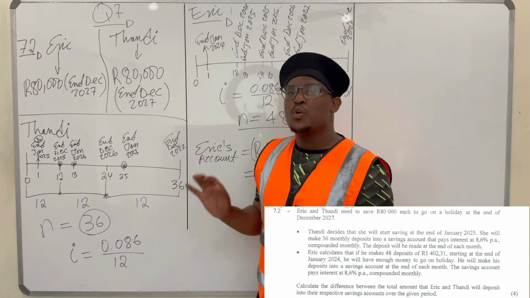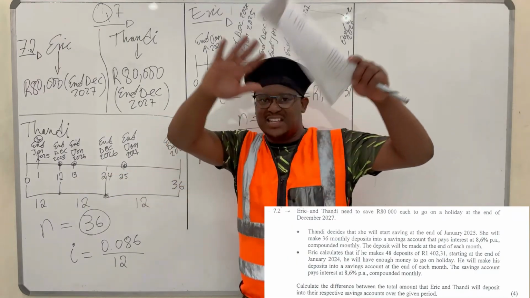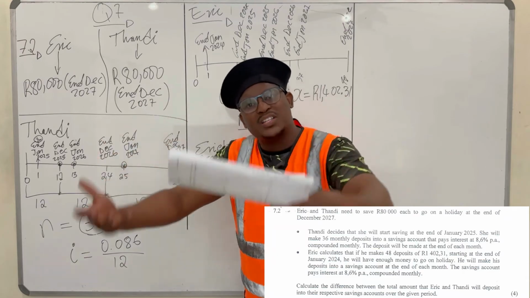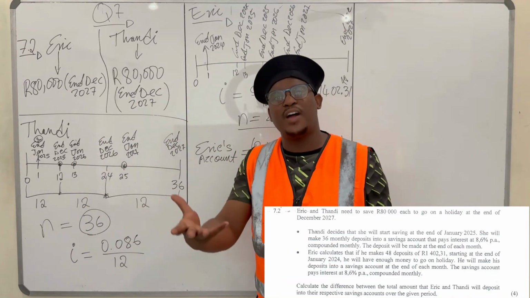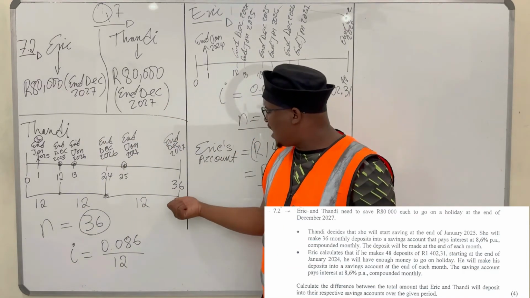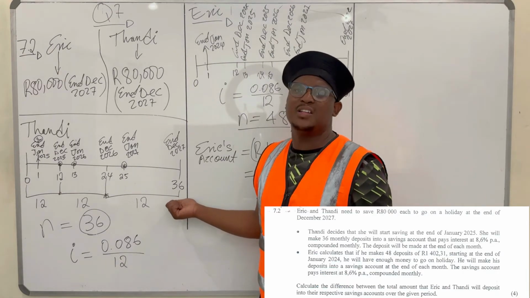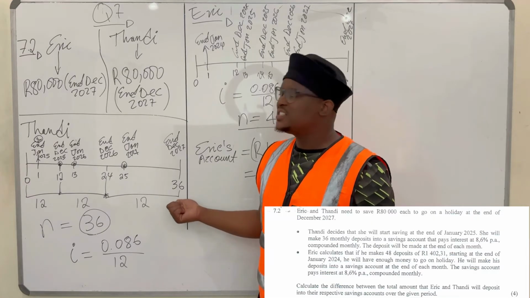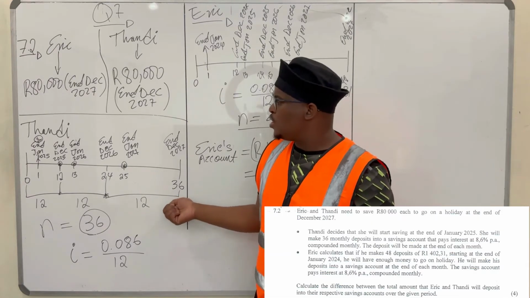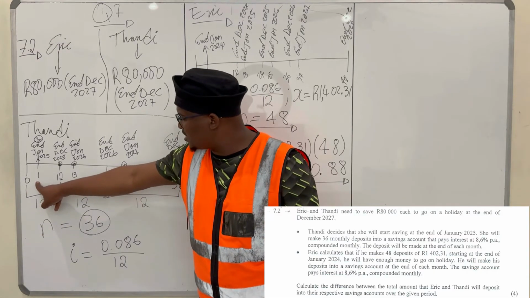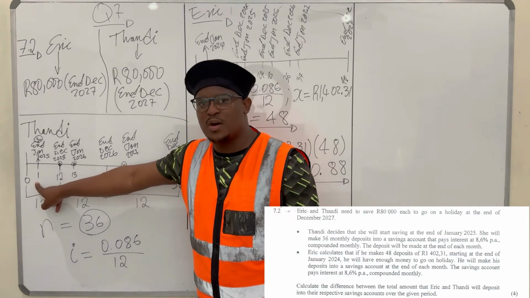So that money was deposited and the entire 80,000 was full, and then she was eligible to go to the trip. So this last payment, whatever deposit she was making, did not stay in that account. You can say that the first deposit was made at the end of January.